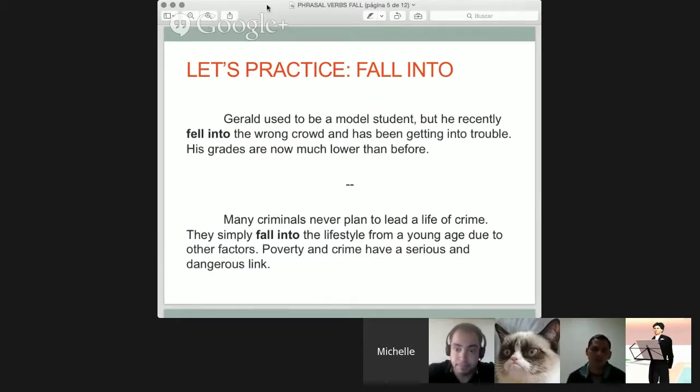Exactly. It's better if we look at the two examples together, because it's usually used in a negative sense, right? And it's always going to be contrary to plans. So it's something that you didn't plan for, that you weren't expecting, that you just fell into. It just started to happen, became a habit, and changed things. Like Gerald was a model student, but he fell into a bad crowd.